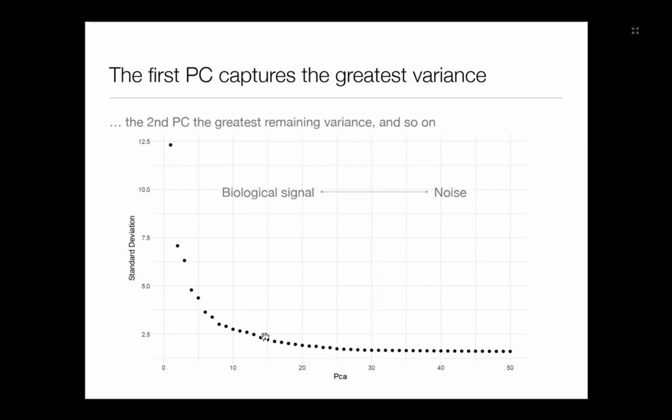So the question is, how many principal components do we take along in our analysis? What you have to do here is basically look, just visually, for the point where adding more components will not help you to explain more variance in the data.